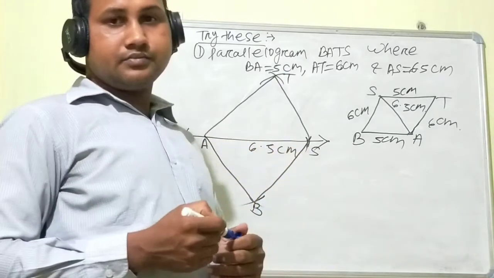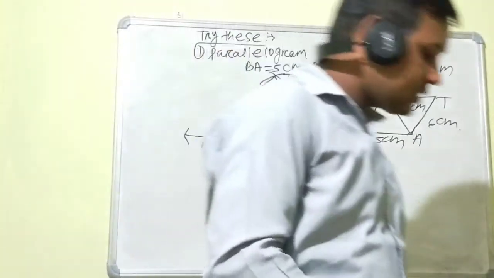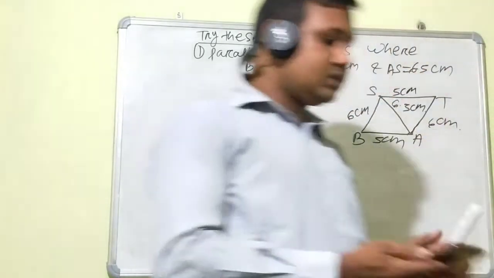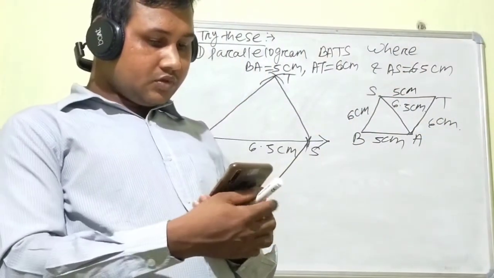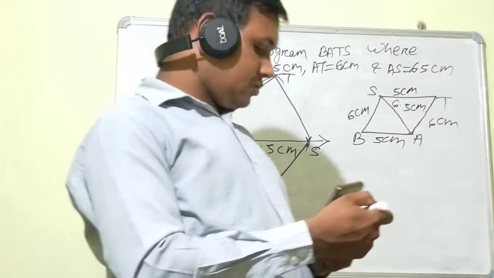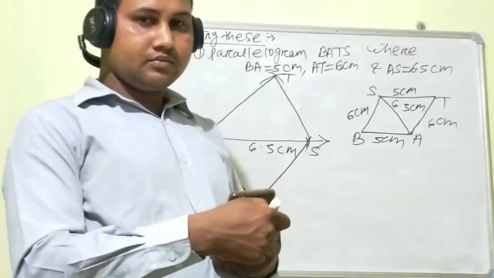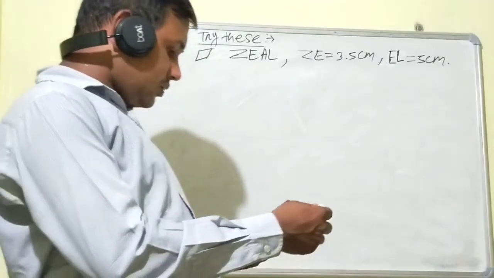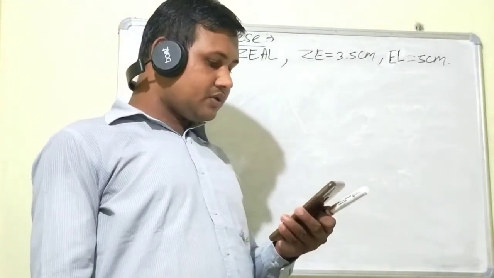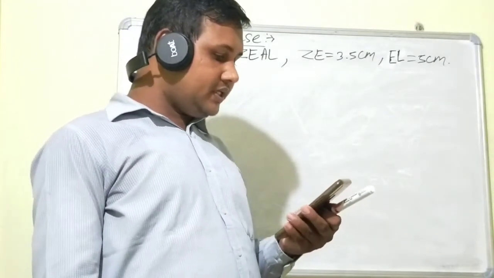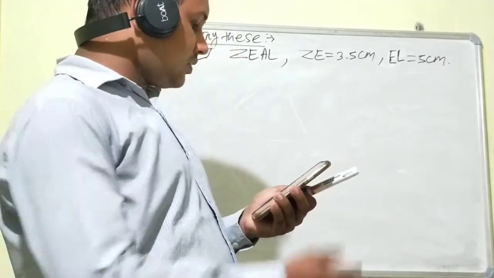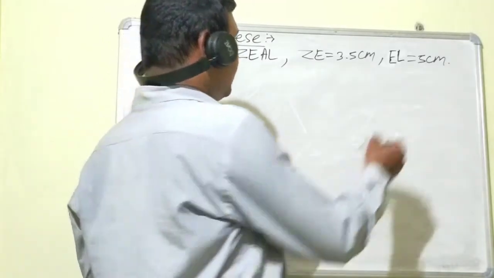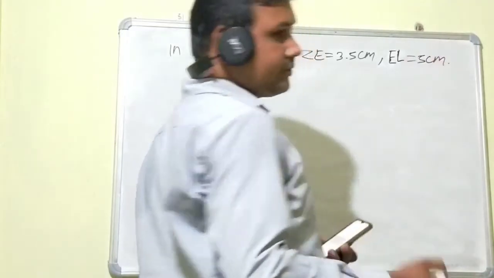Okay. Next we'll discuss a question related to a rhombus. The question is: can you draw a rhombus ZEAL where ZE is equal to 3.5 centimeter and diagonal EL is equal to 5 centimeter?